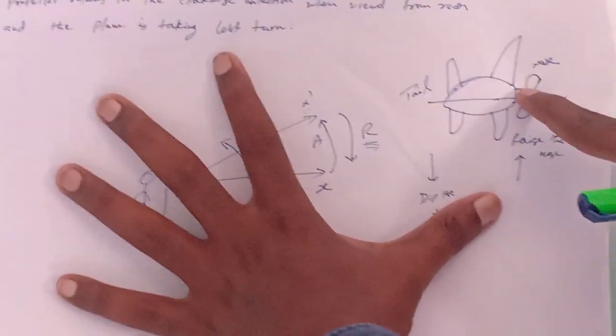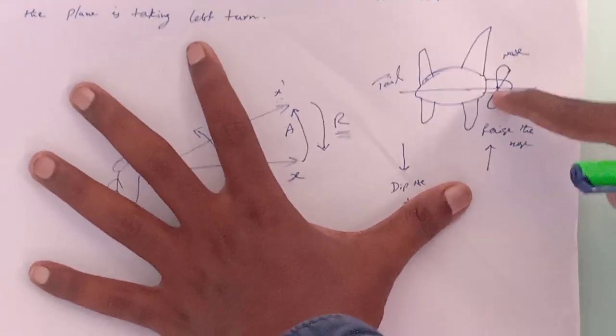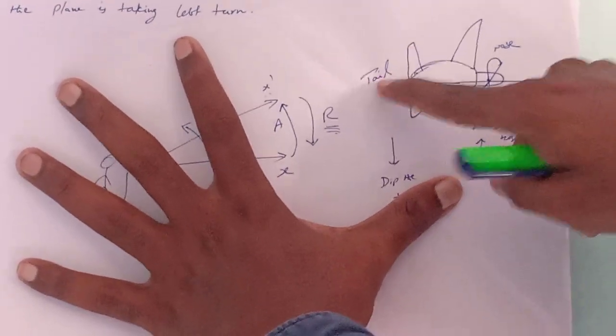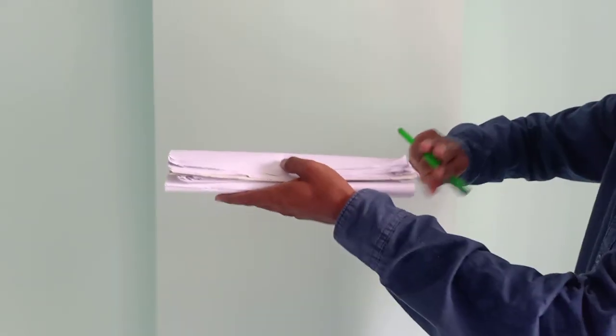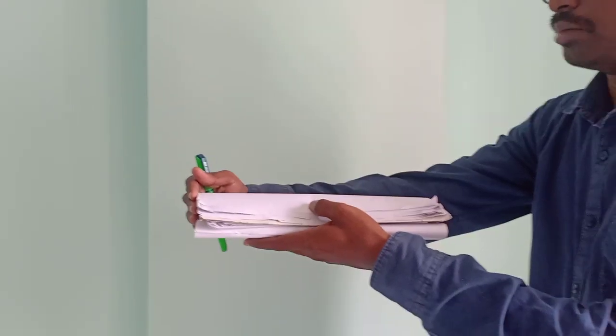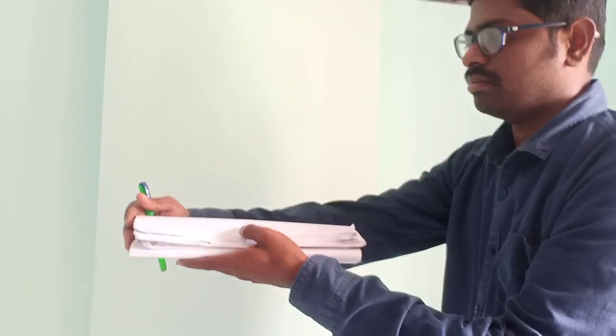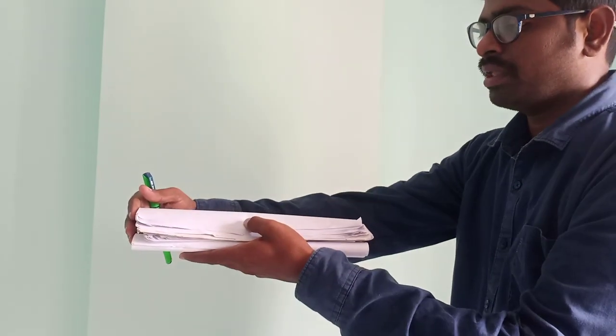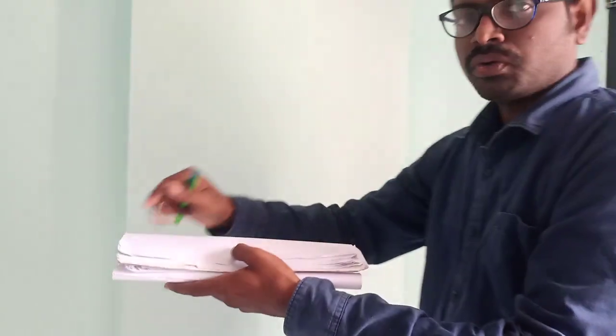This is the aeroplane, this is the front part, nose, this is the rear part, tail. Aeroplane is like this.